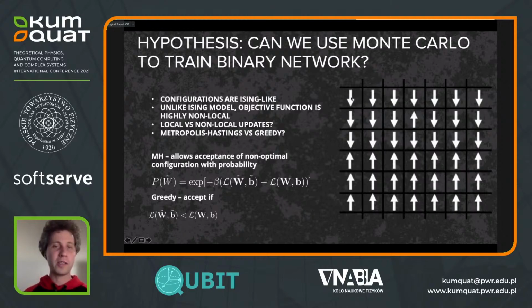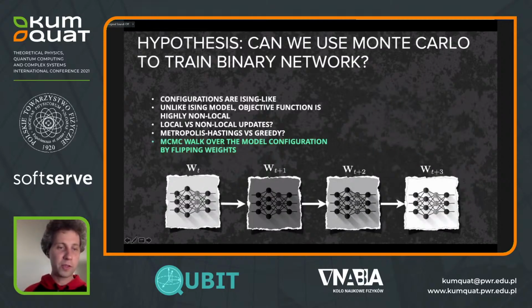If you have only nearest neighbor or next nearest neighbor interaction, you can localize the impact you have by flipping some spin in the model. While in machine learning, you first flip some weight, and only then you compute the energy by passing through the whole network. The energy is very non-local in that way, so you don't have the local tricks that you can use for spin glass.